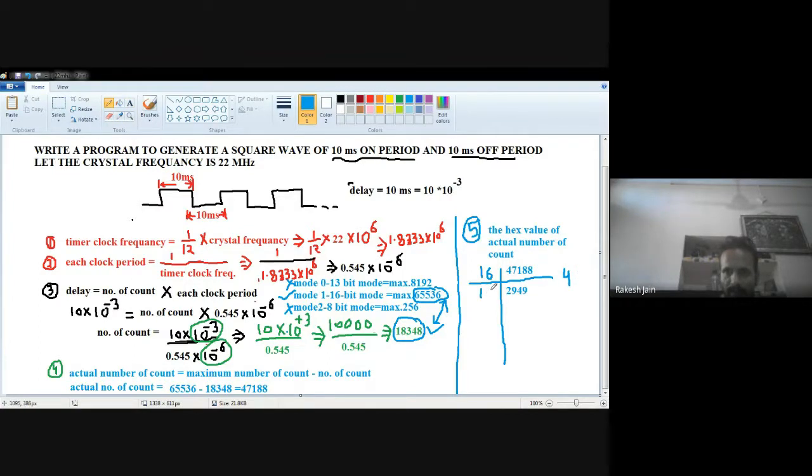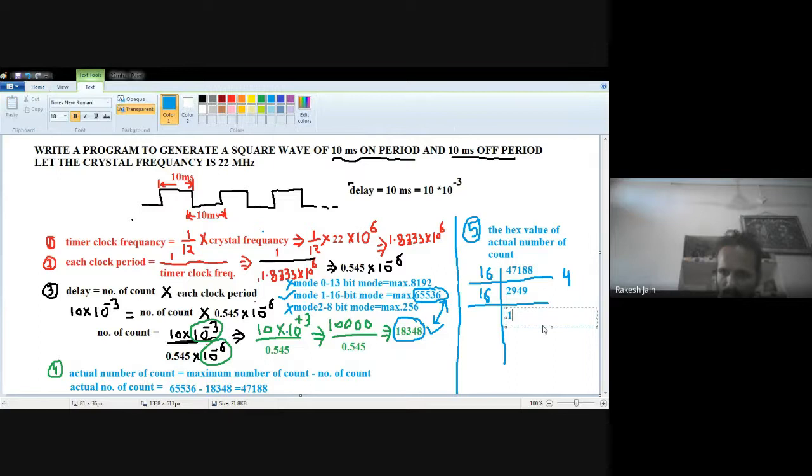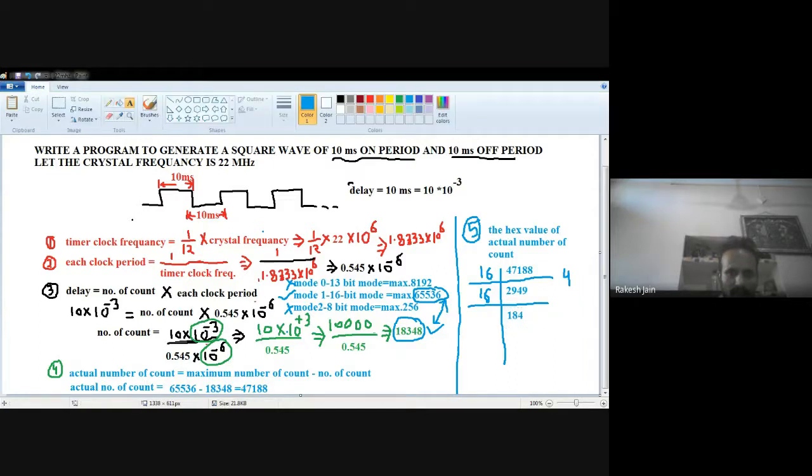Then again divide this number by 16. So 2949 divided by 16 will reach up to 184 times. 184 times 16 is 2944, so only 5 is remaining.